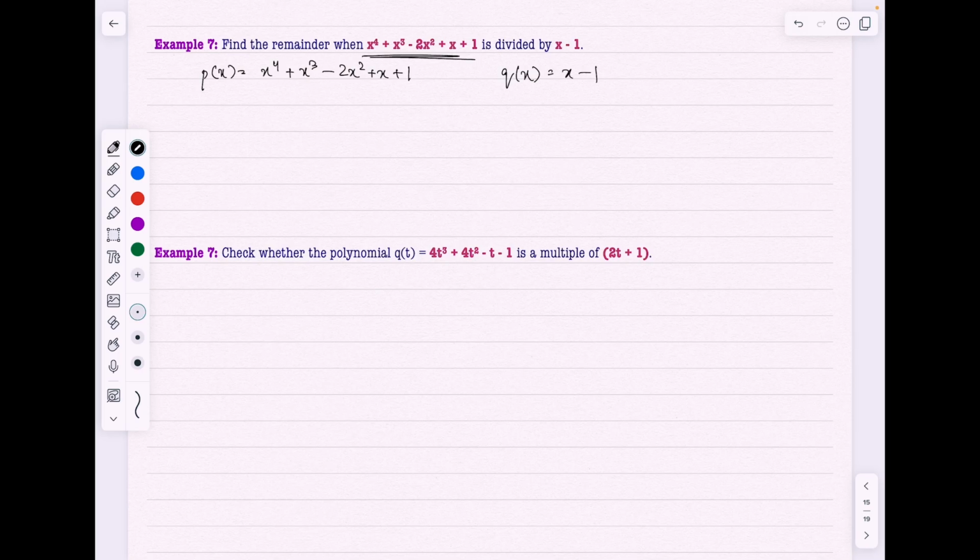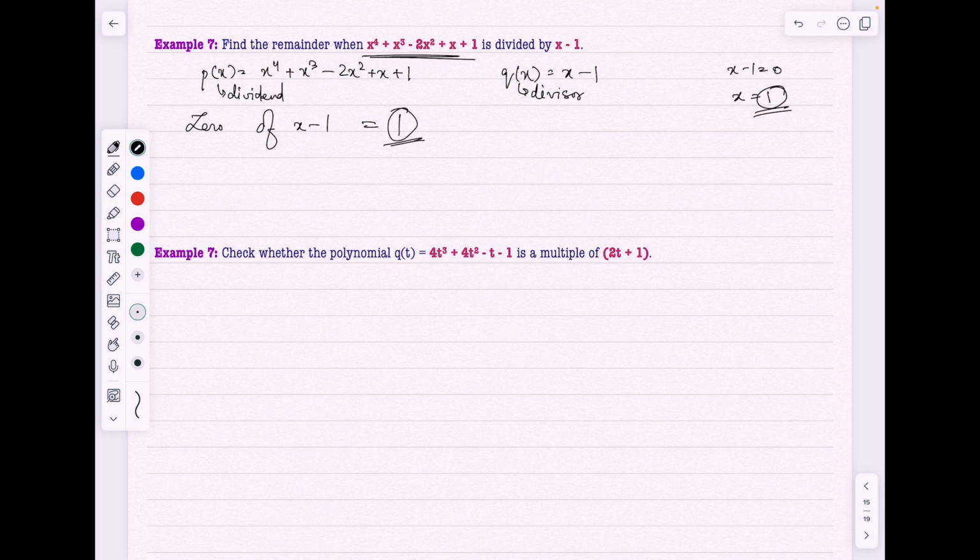That is the divisor. This is the dividend. The 0 of x minus 1: x minus 1 equals 0, so x equals 1. So 1 is the 0 of x minus 1. You are getting it?